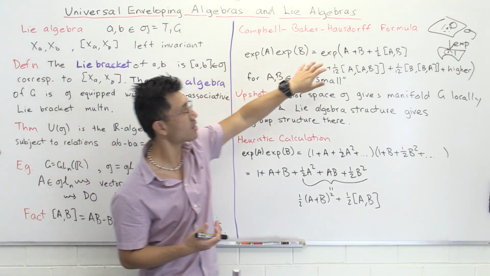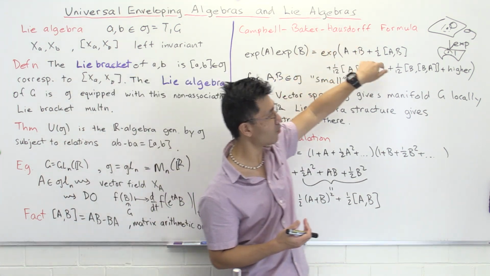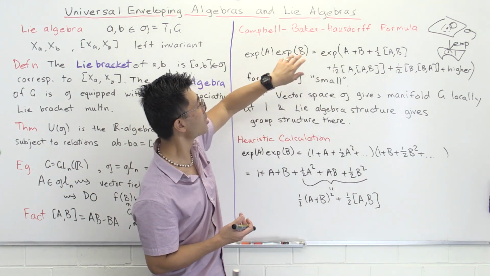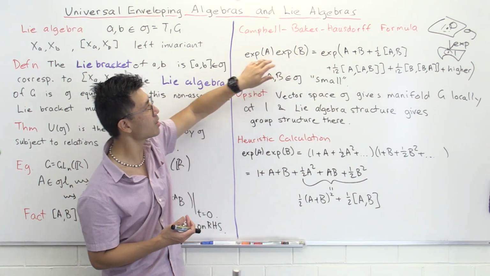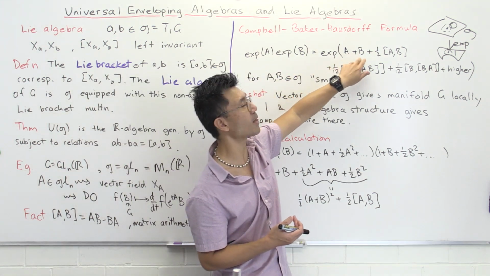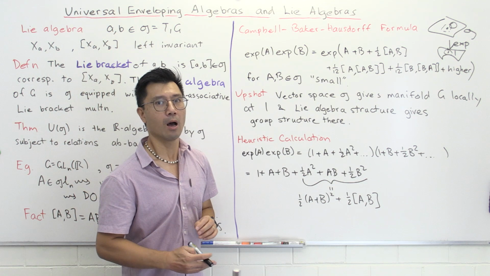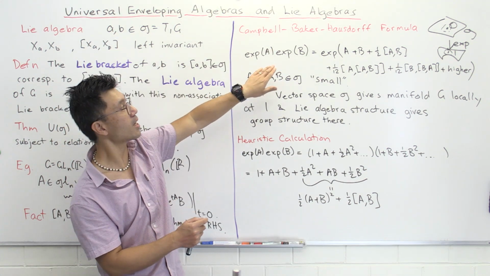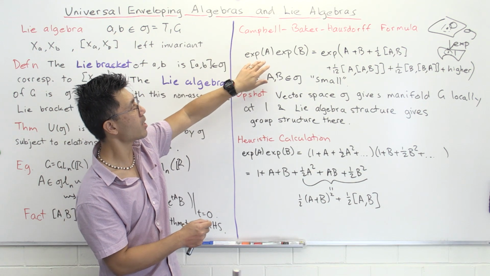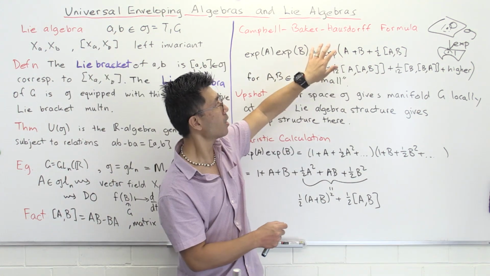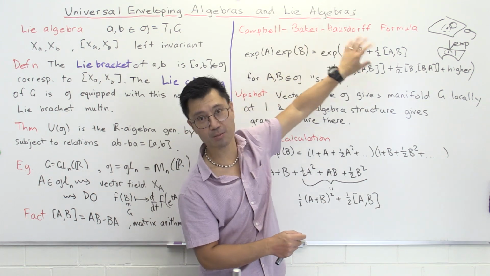Well, the answer is there's an explicit formula. I've only written out the first bit, but it goes on infinitely. If you were to look at this as just numbers, e to the a times e to the b is of course just the exponential of a plus b. But in general, even for matrices, the exponential of a times the exponential of b is not the exponential of a plus b.